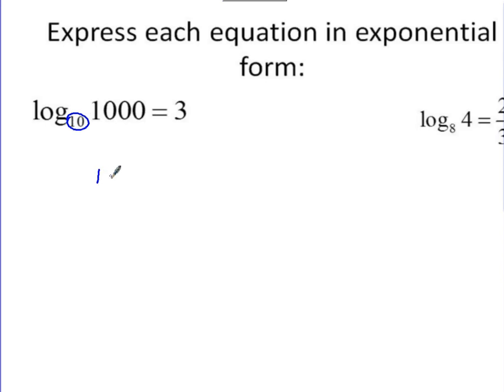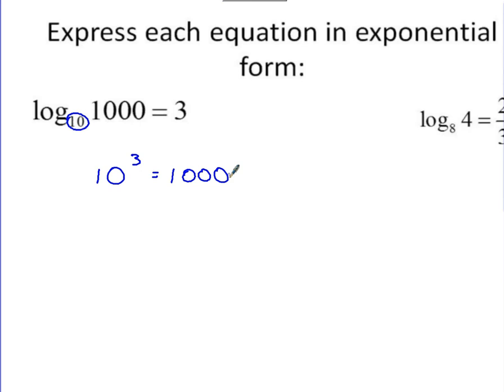We want to start with that 10. A logarithm equals an exponent. So here the logarithm equals 3. That 3 is going to be the exponent on that 10. In the end, that's going to equal the value we plugged in the logarithm, 1,000. So the equation we get back should make sense.